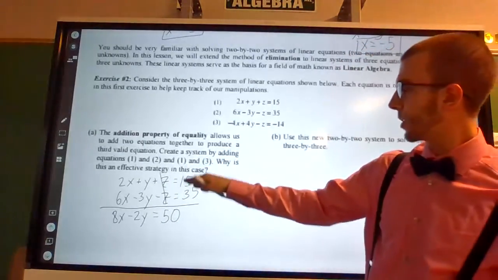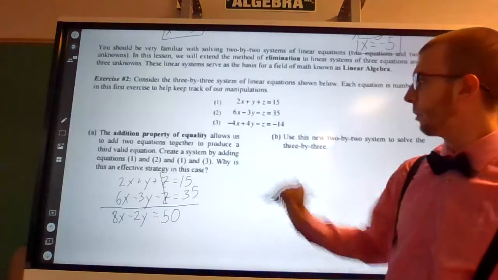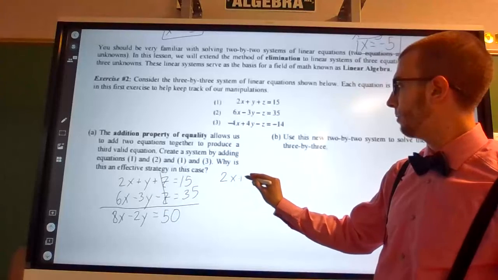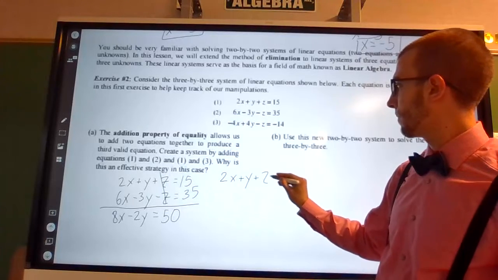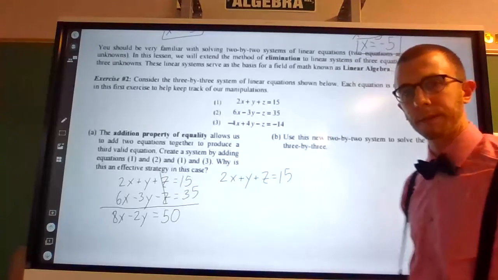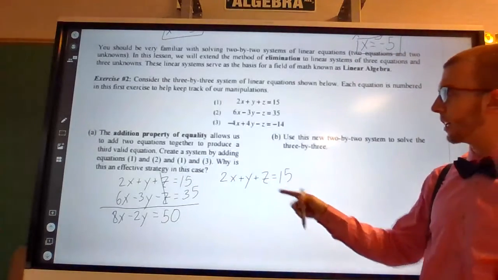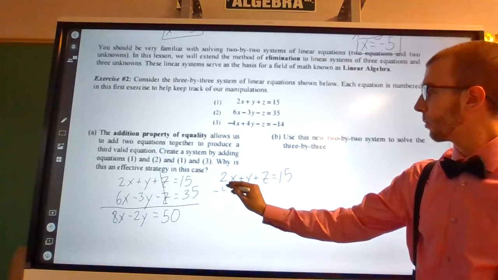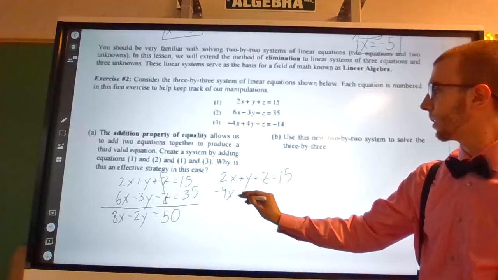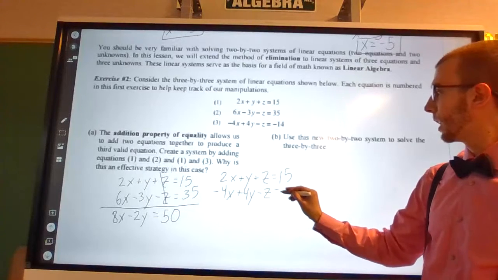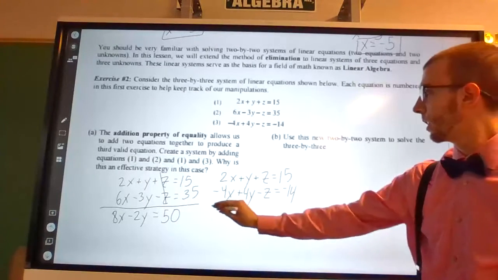Okay, we added equations 1 and 2. Now we're going to add equations 1 and 3. Okay, same idea here. So I'm rewriting equation 1: 2x plus y plus z equals 15. And I'm going to add this, like they told us here, to equation 3. So I'm rewriting equation 3: negative 4x plus 4y minus z equals negative 14.